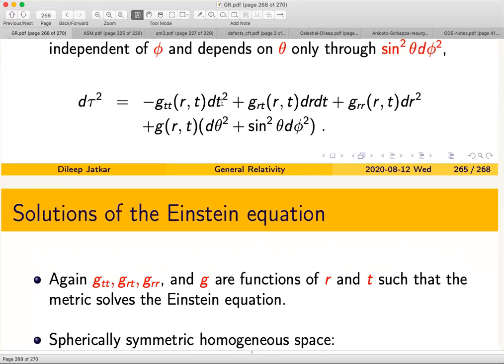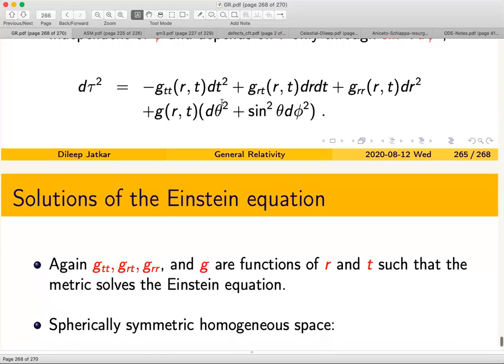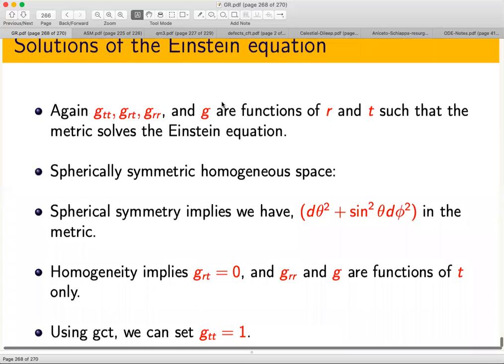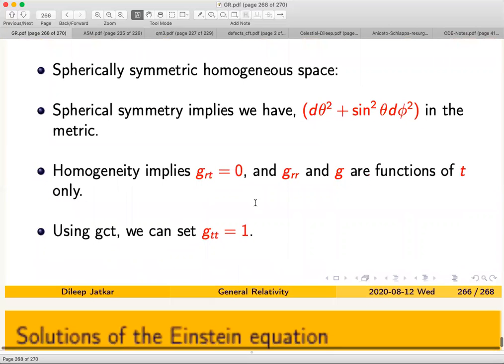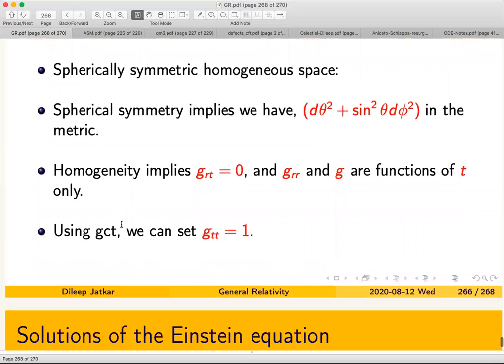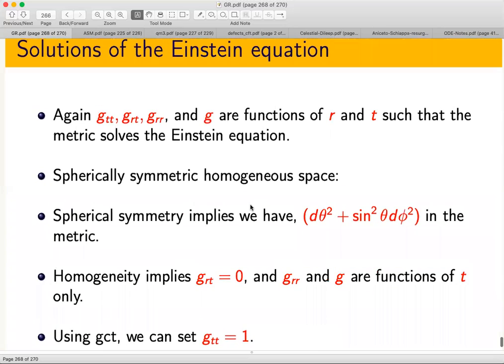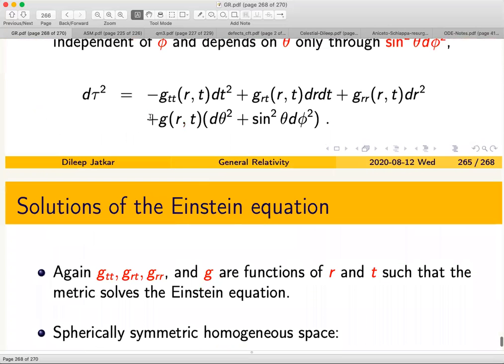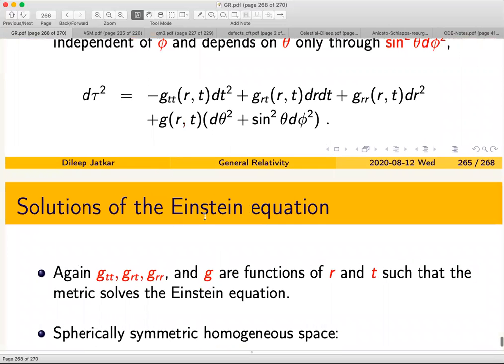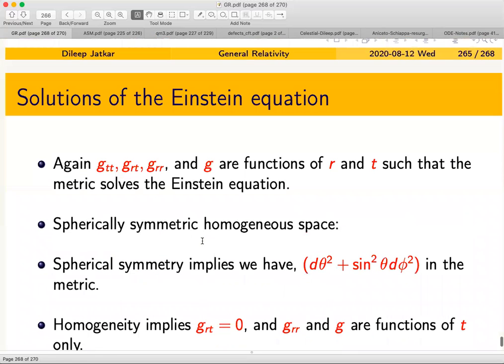You define square root of g_tt times dt equal to dt tilde, and write everything in terms of dt tilde and set the corresponding g_t tilde t tilde component of the metric to be just 1. So you can just use some general coordinate transformation to set this quantity to 1. I'm calling this 1 because the minus sign has been pulled out explicitly here. Otherwise I would have just called it g_tt equals minus 1.